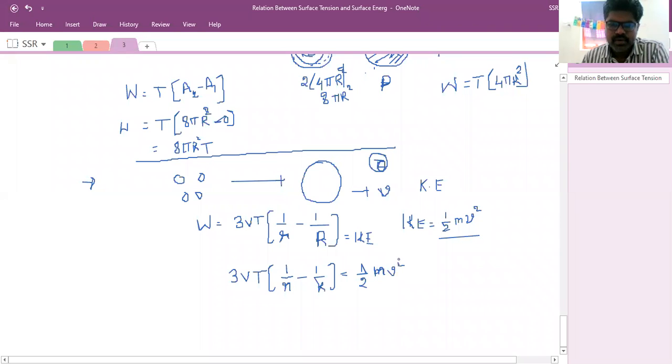Here m, the mass of the droplet, you can write as density into volume, rho into V. Substituting, half rho V v square is equal to 3VT into (1/r minus 1/R).